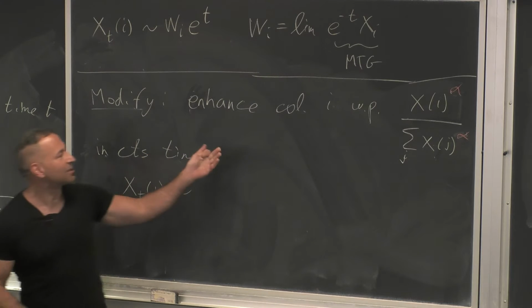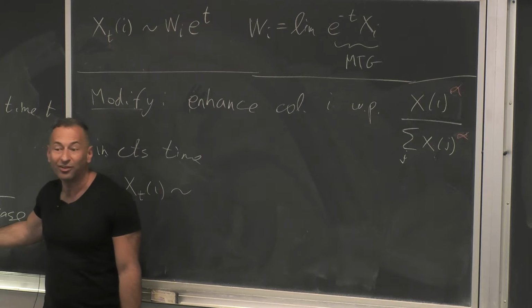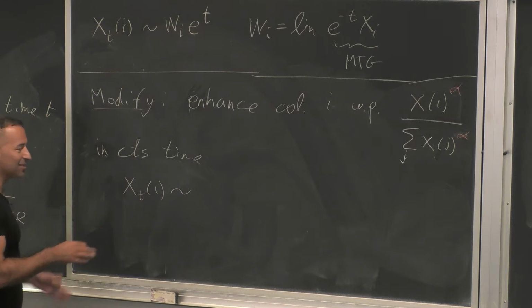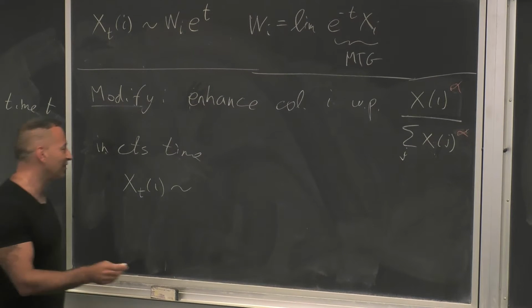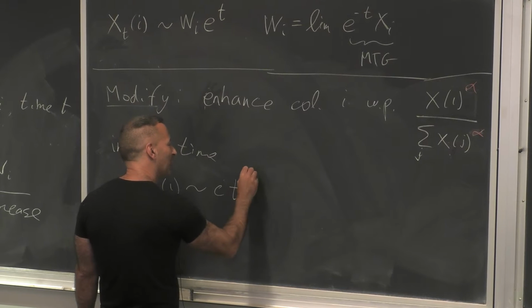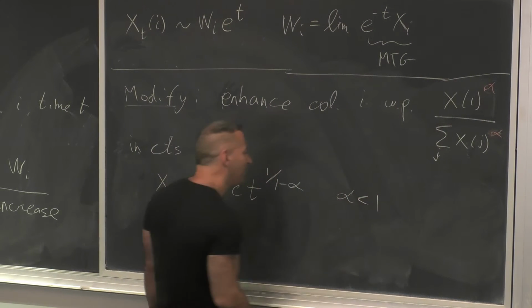You can approximate this by a differential equation. The derivative of the number of balls should be roughly like the alpha power. And if you believe this approximation with the differential equation, what you get is that it grows something like some constant times t to the 1 over 1 minus alpha. Well, this is if alpha is less than 1.